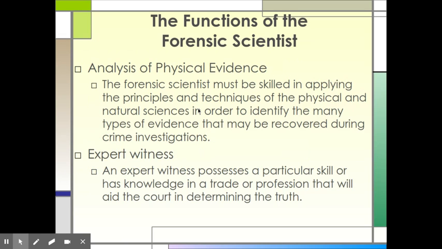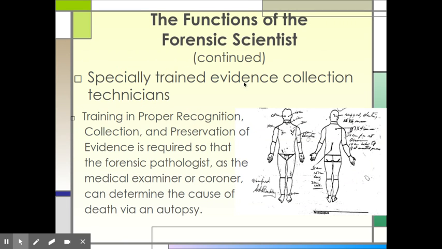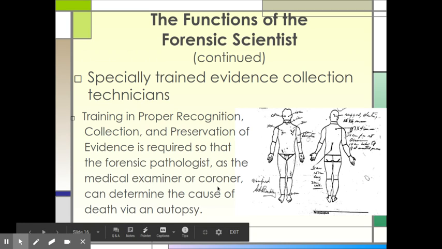Last thing I want to talk about is just what is our function as a forensic scientist. Number one, there's three things. Number one, we have to be specially trained to collect the evidence. Proper training in recognition, collection, and preservation of evidence is required so that a forensic pathologist, a medical examiner, or a coroner can determine the cause of death via an autopsy.